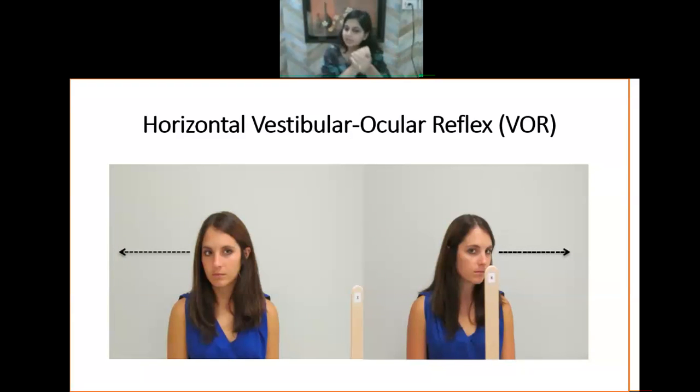If any test is done without head movement, like your head is static, we are checking your central vestibular system. And if your head is moving, we are checking your peripheral vestibular system. I have a slide for the peripheral, so let's go with the peripheral.